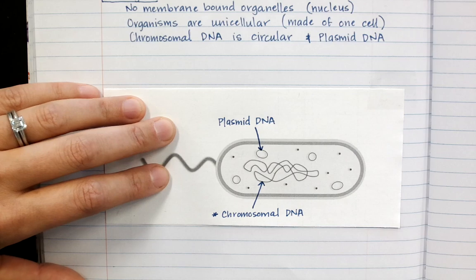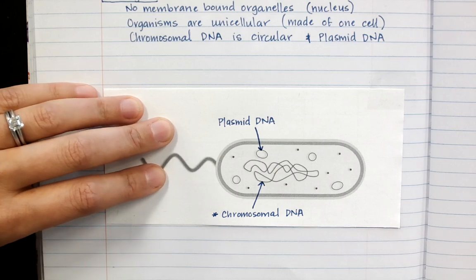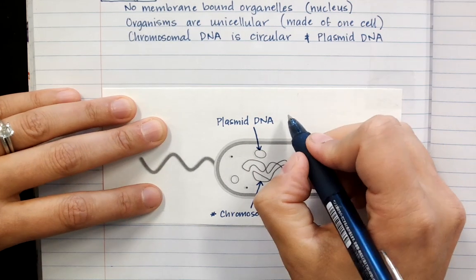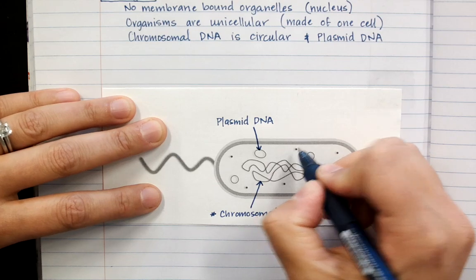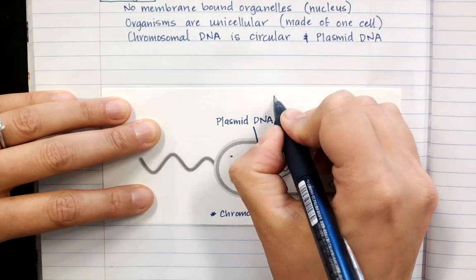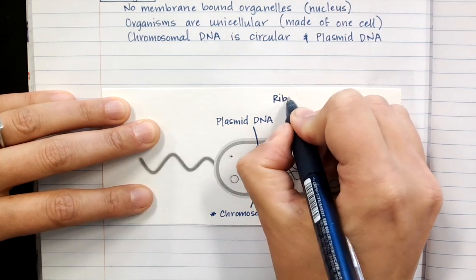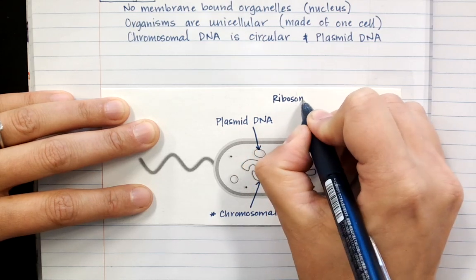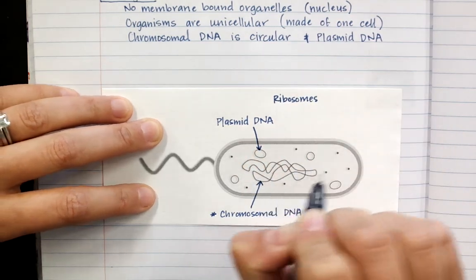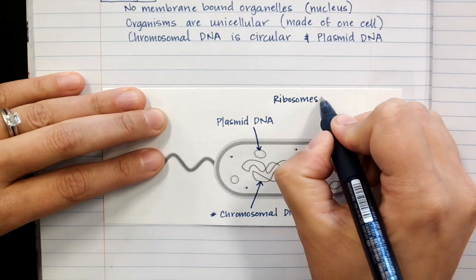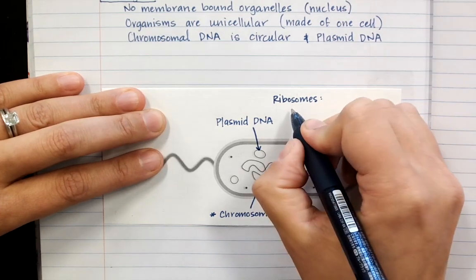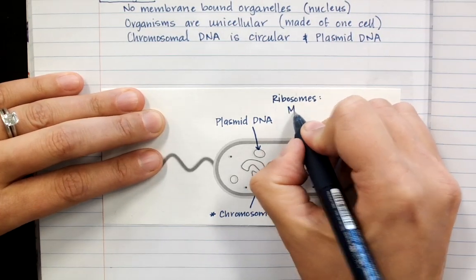The next thing we're going to talk about are the ribosomes. So ribosomes are super important. They're these dots here. My ribosomes are important because they actually are responsible for making proteins.